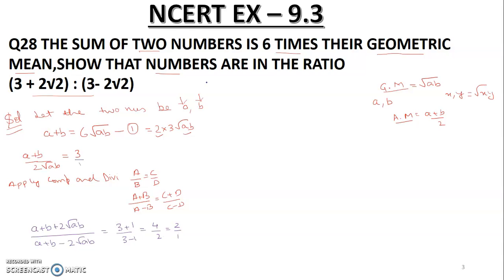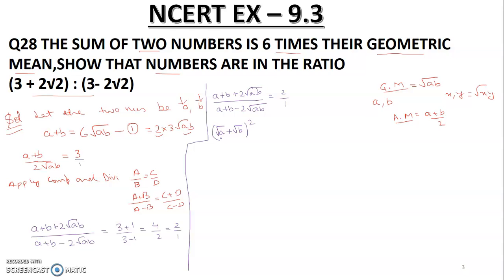Now let me draw a line, then I will start from here. So now I am getting a plus b plus 2 root ab upon a plus b minus 2 root ab, and this whole is equal to 2 by 1. Now I can rewrite the numerator as root a plus root b whole square.